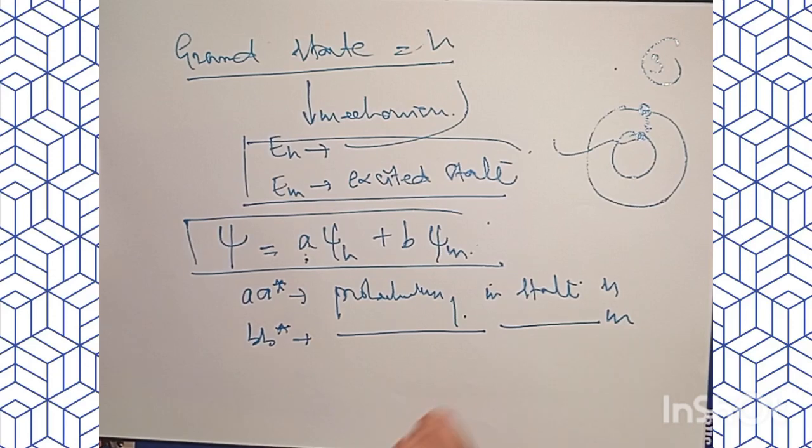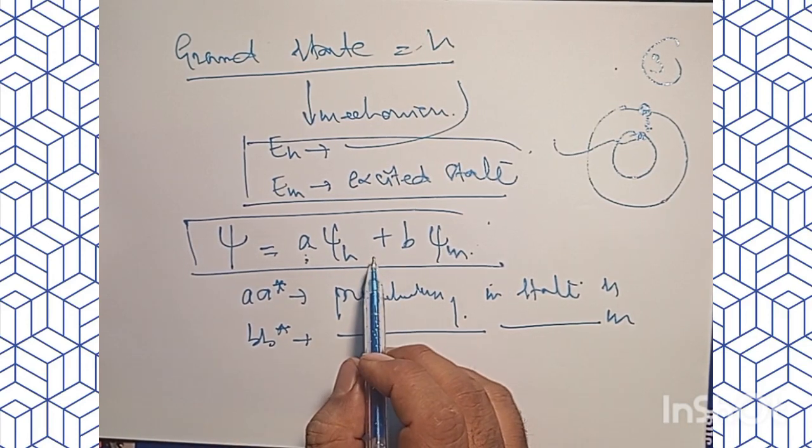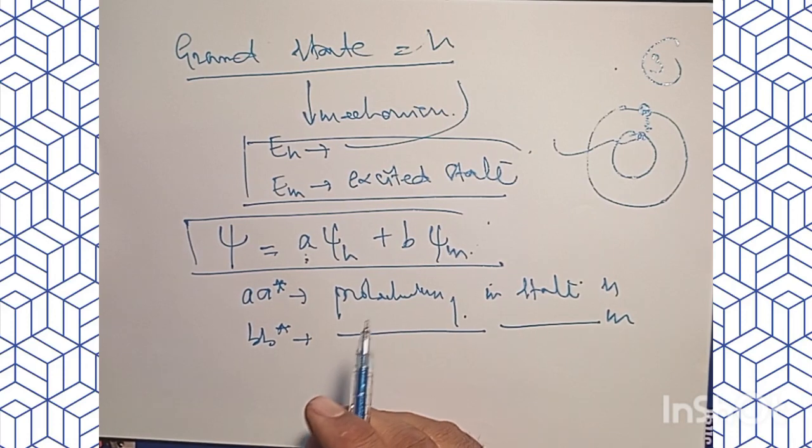And at the same time, B star B will give me the probability that the electron is in state m. So it must always be true that the sum of all the probabilities for the overall wave function should come out to be equal to one.